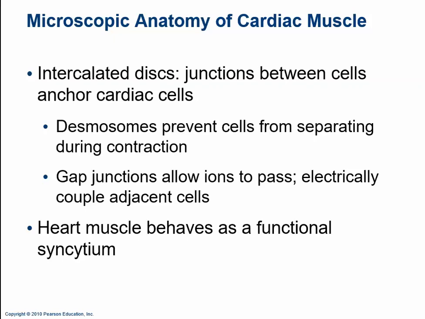So the heart will then contract as one. They all have the action potential at the same time. They all have their refractory period at the same time, and they all are ready to contract again for the next beat simultaneously.